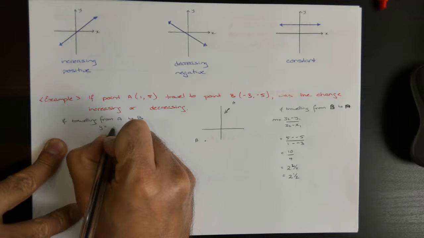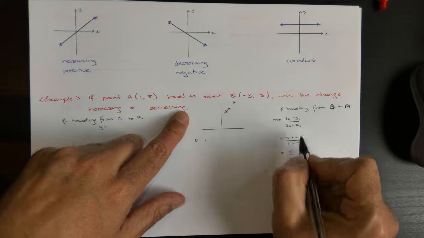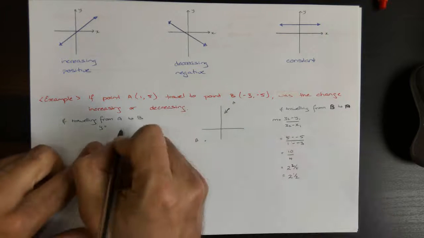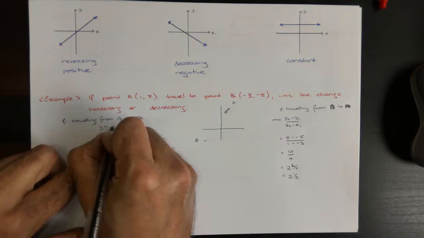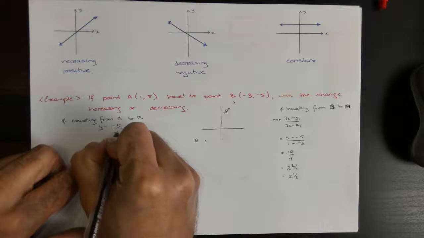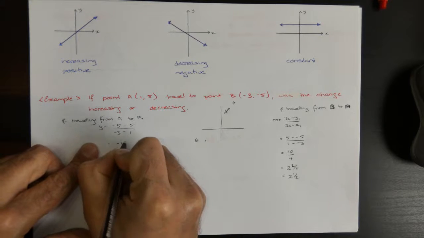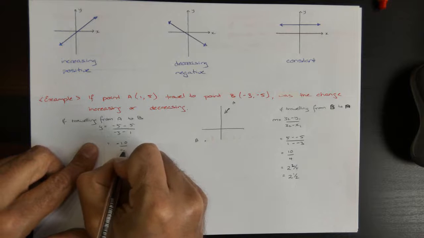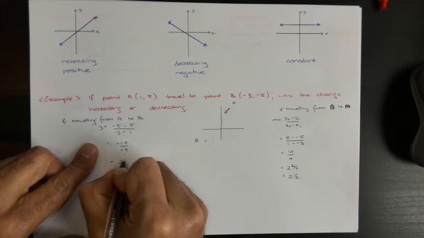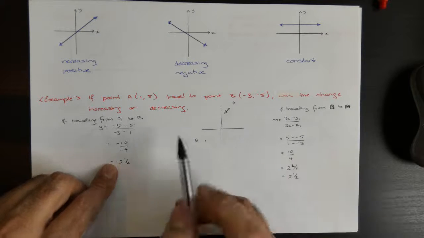So let's try. I use that point second. So I use that point first. Yeah, you still get a positive. Okay. So, but obviously it's going from this way.